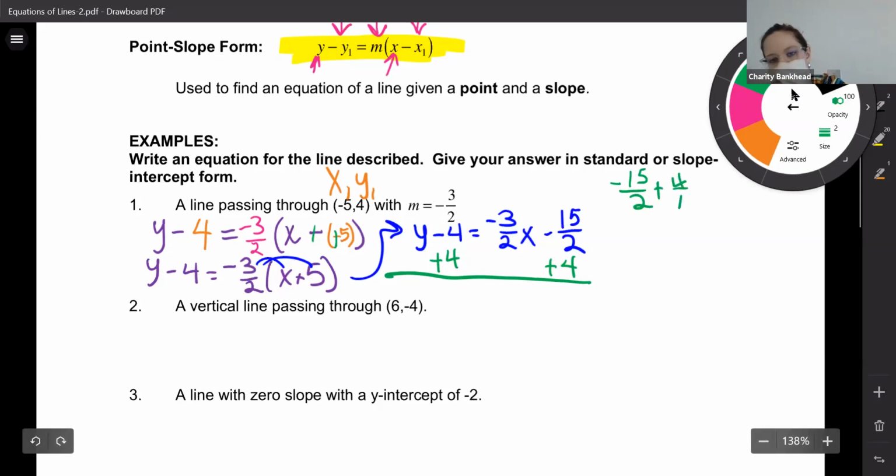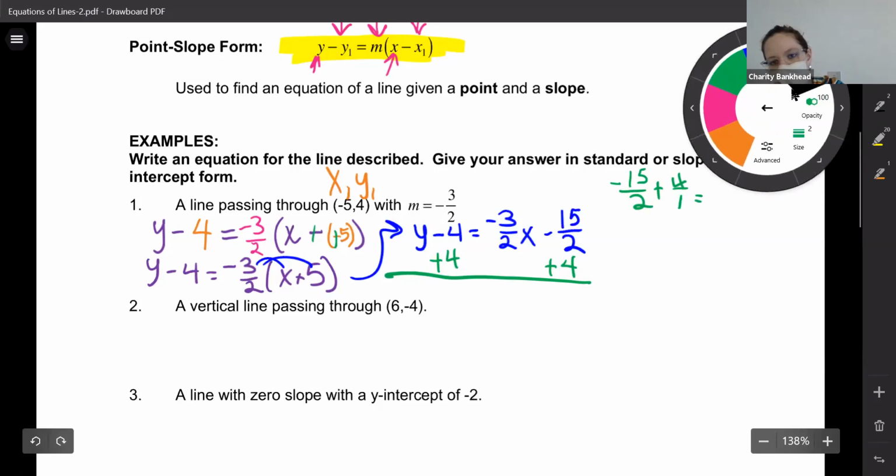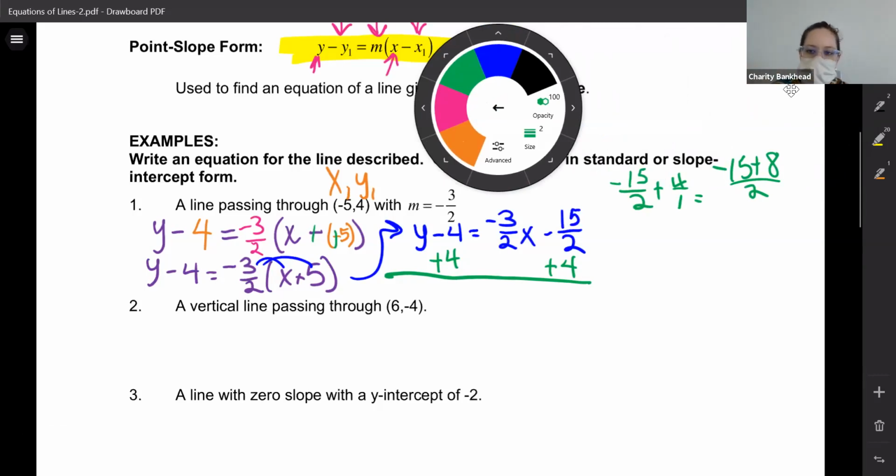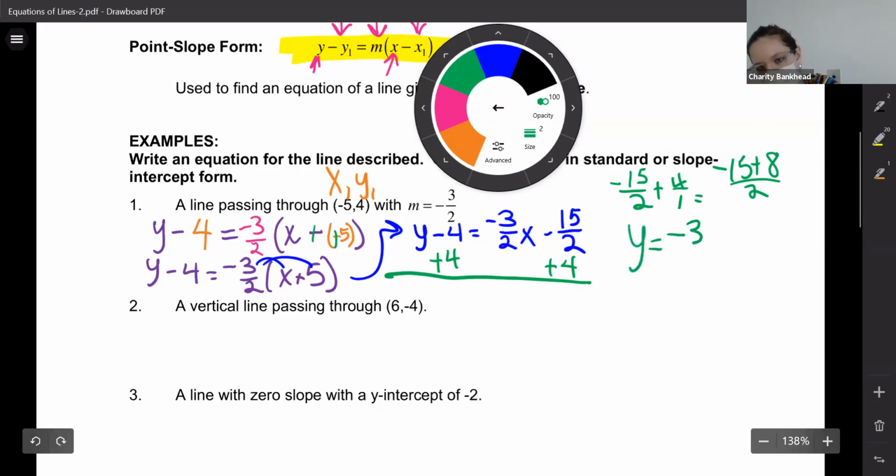I'll just use the bow tie method, which would make it -15 plus 8 all over 2, which equals -7/2. So my final answer is y equals -3/2 x minus 7/2.